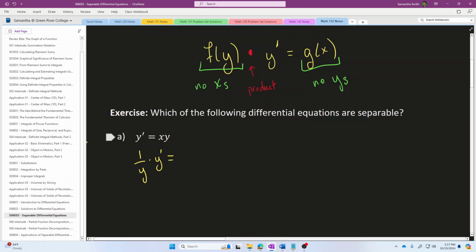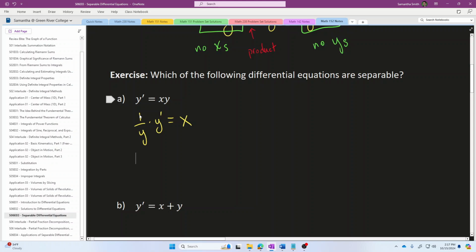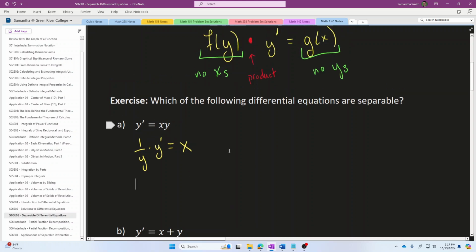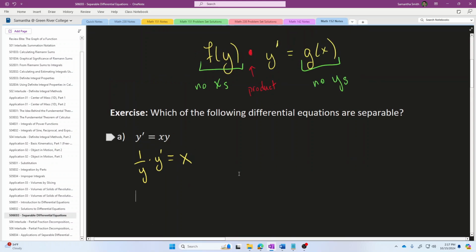In other words, I'm going to multiply both sides of the equation by 1 over y. And so from that, I get 1 over y times y prime equals x. And this is the absolute perfect format for something that's separable. On the left-hand side, I have a function of only y times y prime is equal to a function containing only x's. So this would be separable, yes indeed.